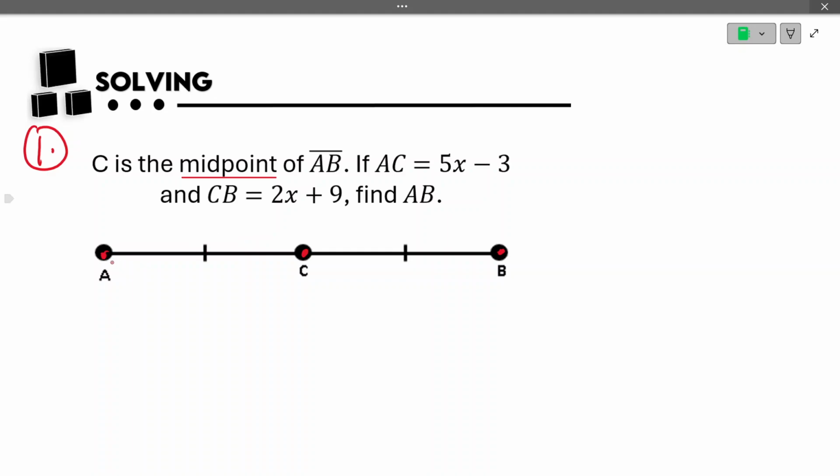Therefore, we can say that line segment AC is congruent to line segment CB. Again, line segment AC is congruent to line segment CB.